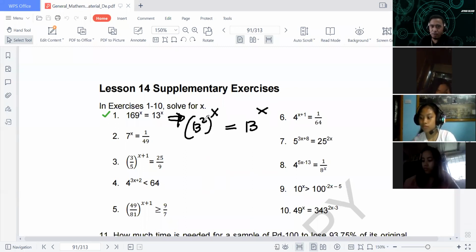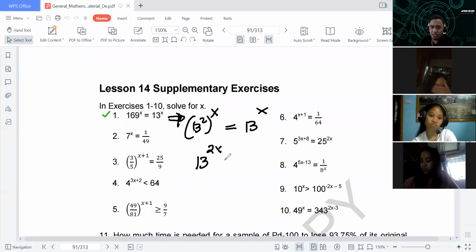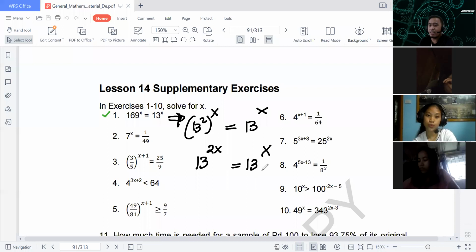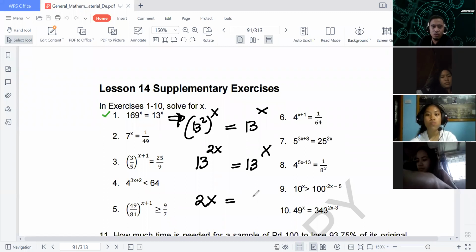So after that, you can multiply the 2 and the x, so it will be 13 to the power of 2x, and 13 to the power of x. As you can see, their base are the same. Since their base are the same, using the property that I stated a while ago, you can equate their exponents. So it can be written as 2x equal to the power of x, right?